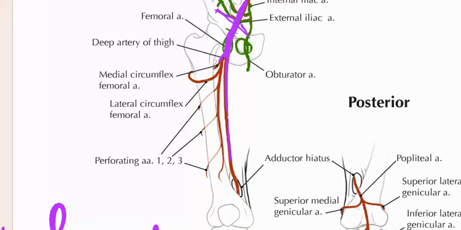And then from the deep femoral, you're going to have the lateral circumflex and the medial circumflex, right? And the deep femoral is going to give rise to these perforating arteries.